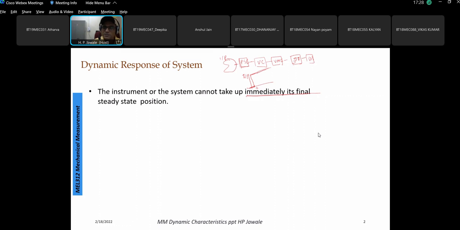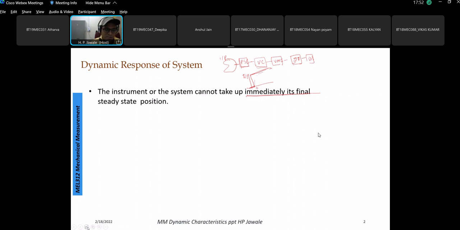Or you take the example of dipping the thermometer into a water bath at some elevated temperature. But the configuration of this instrument or measurement device, having the primary sensing element, VC, VME, and so on, all elements will have their own response time. So it will take the measurement and then finally show some value here. So this can be the output.